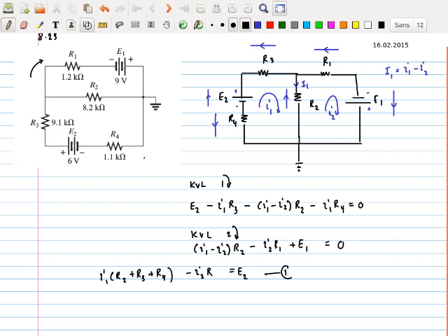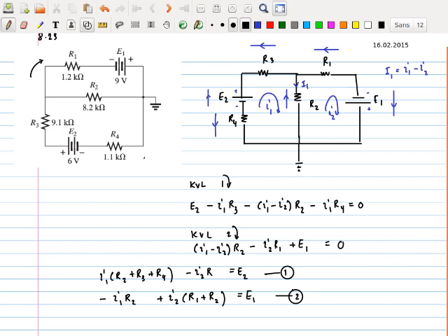That is the first equation. And the second equation that you are going to get out of this is minus I1 into R2 plus I2 times R1 plus R2 is equal to E1, and that is the second equation. You had two loops, you got two equations.